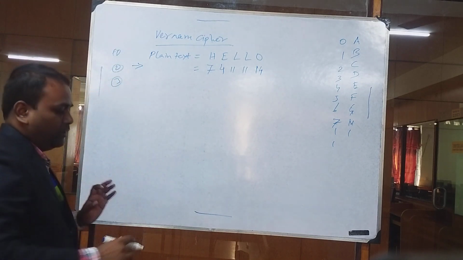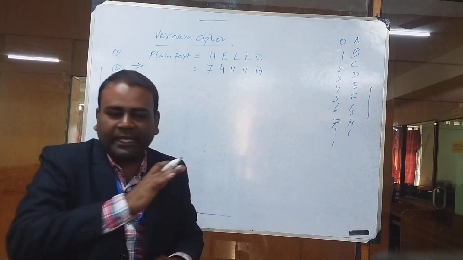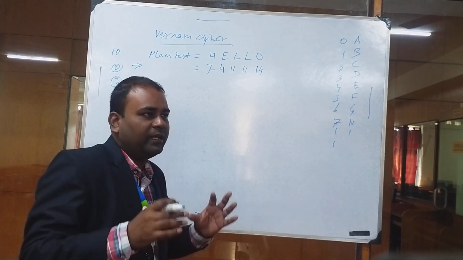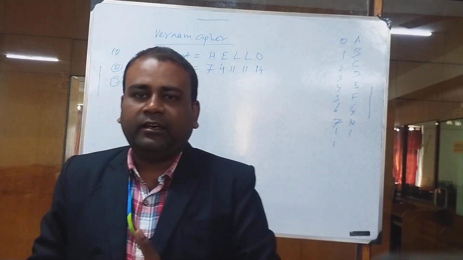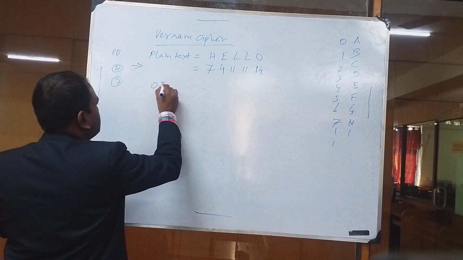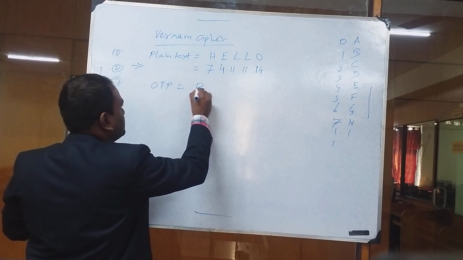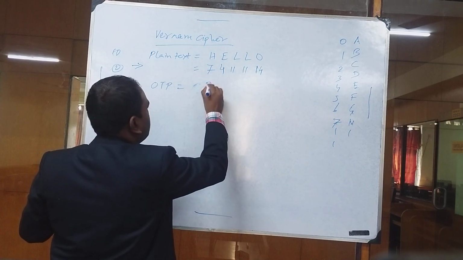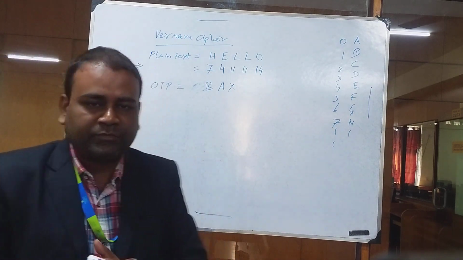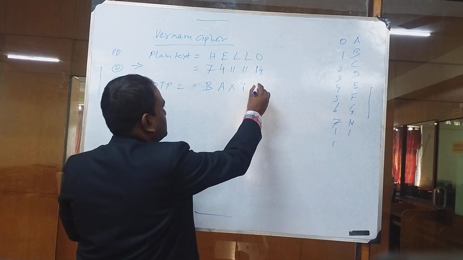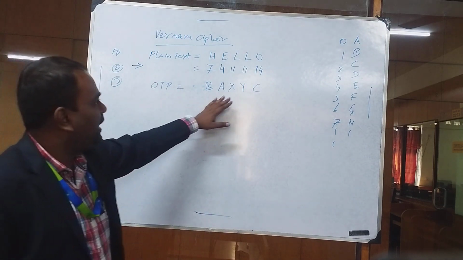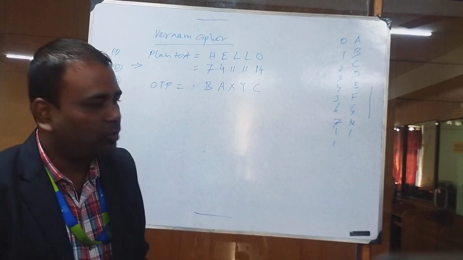In the third step, we have to select a one-time password. It can be any password, anything. So here we are selecting some random password, or random key. Here we have selected a random key, that is BAXYC, as you can see on the board.